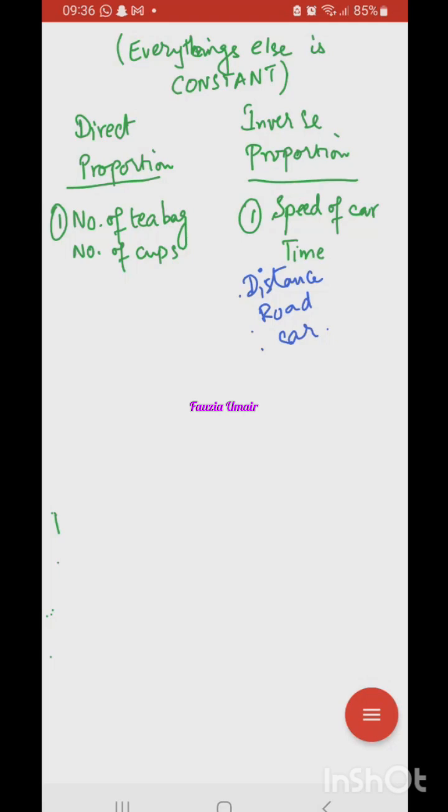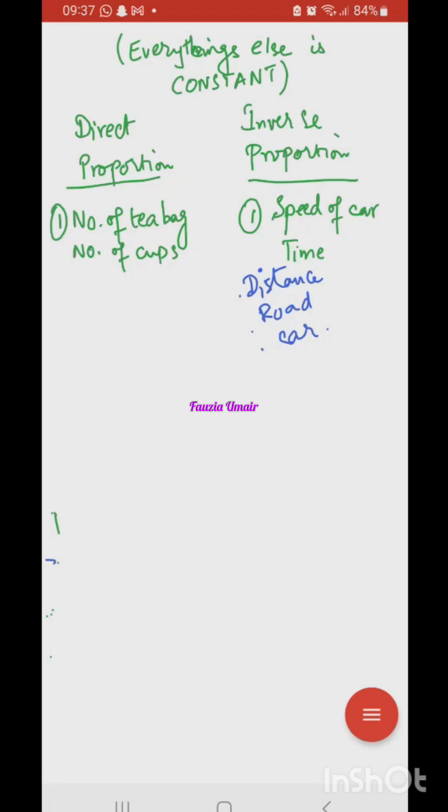So this is the assumption in the proportion questions: apart from the two quantities we are taking for comparison, all the other things are constant. You cannot say there might be a bumpy road for one car, while another car is going on a motorway, because then we cannot have this comparison, as speed and time are inversely proportional. You need to remember this.